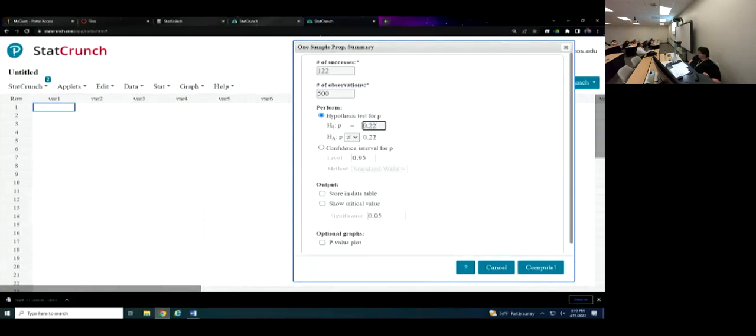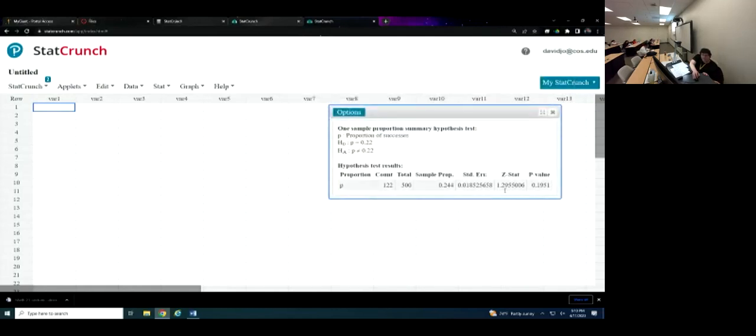We got what we're looking for here. I'm going to write down this information here, the Z-stat and the p-value. And I'm only going to write down 3 decimal places for the Z-stat. Because I'm lazy. P-value, I don't know why I always write it all down.